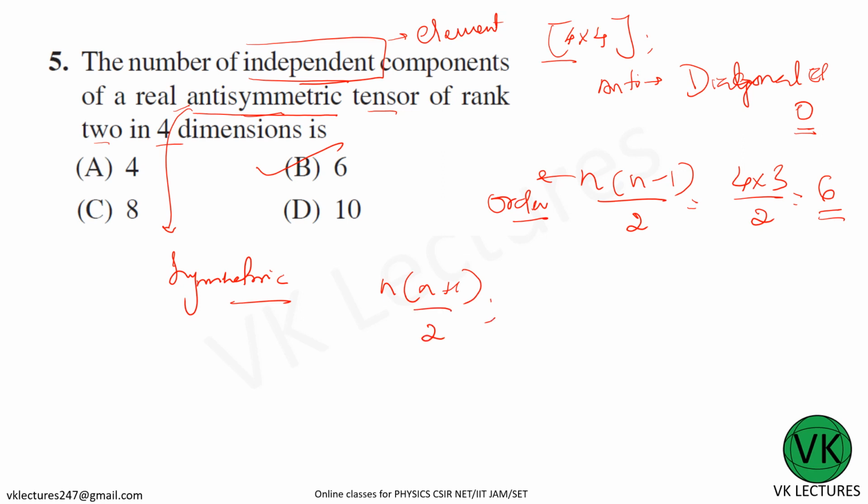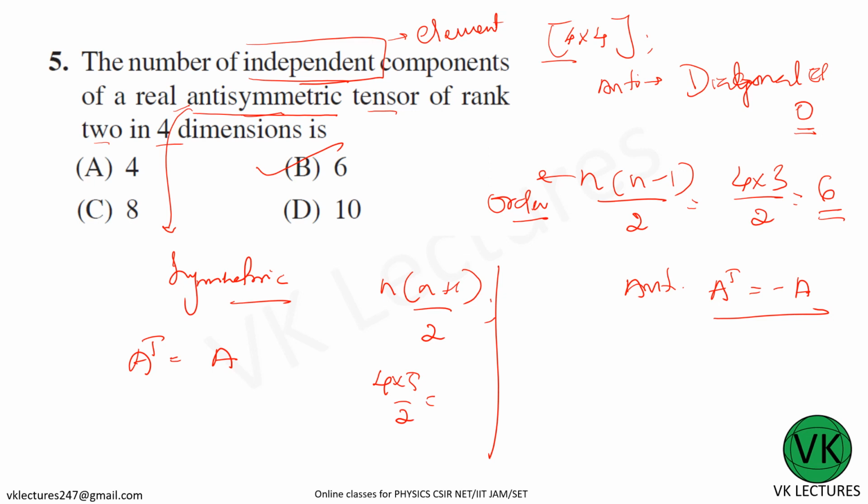Anti-symmetric means A transpose must be equal to minus A. Symmetric means A transpose should be equal to A. For a symmetric matrix it is n into n plus 1 by 2. For example, if this question was in terms of symmetric, 4 into 5 by 2 is nothing but 10.